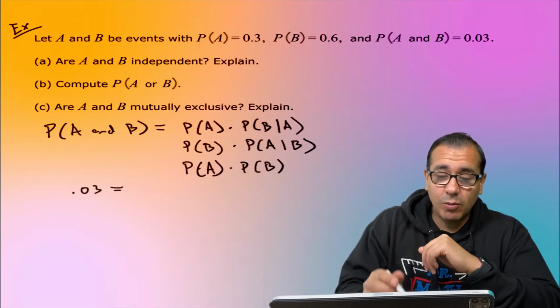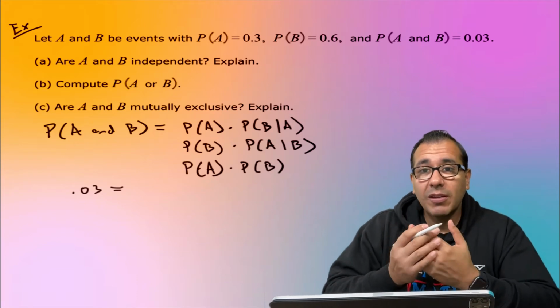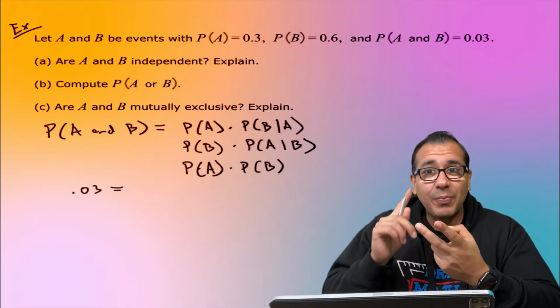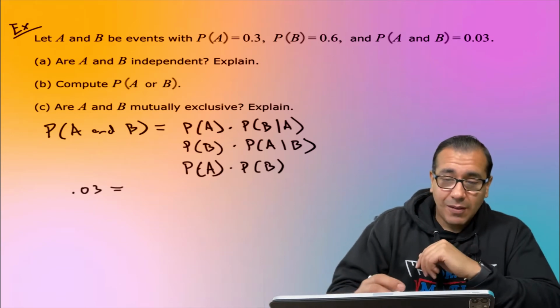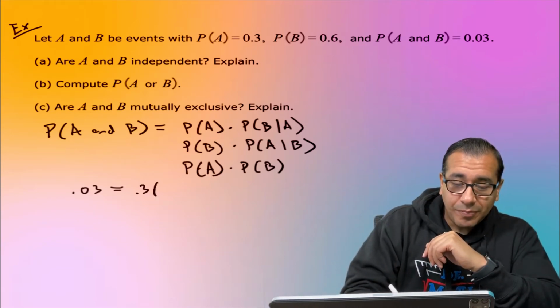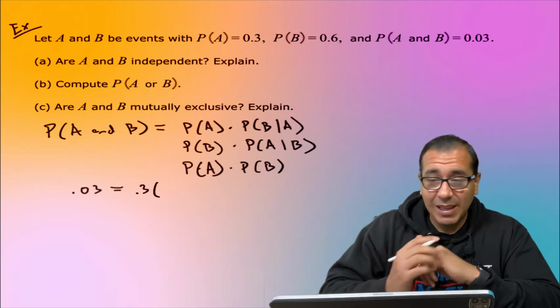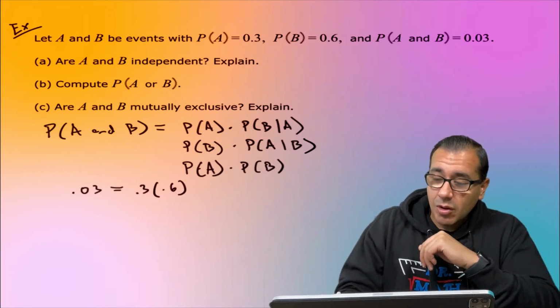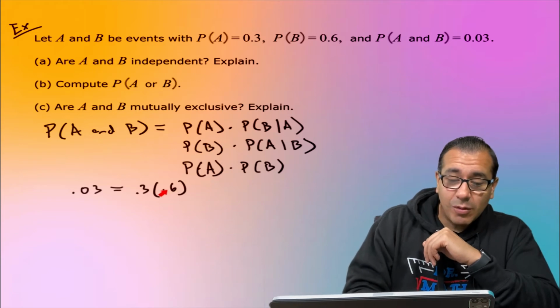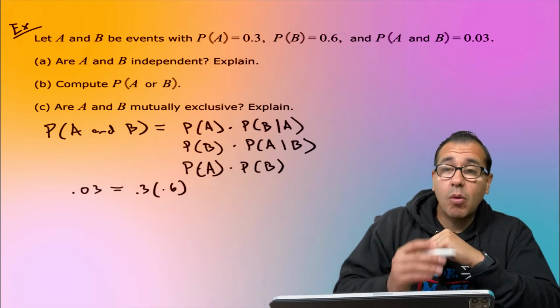We're going to use the last one because we're given the probability of A, which is 0.3, and the probability of B, which is 0.6. When we multiply those, we see that the product does not equal 0.03.